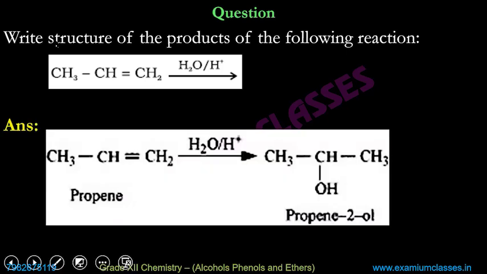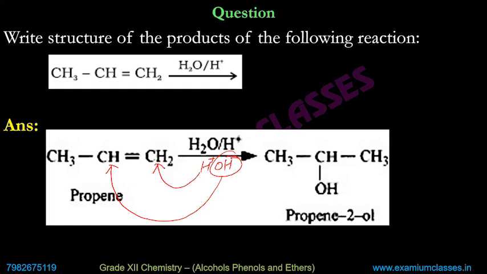So in accordance with Markovnikov addition, OH will be attached to the carbon which has fewer hydrogens. The other one will get attached on the other carbon, hydrogen.